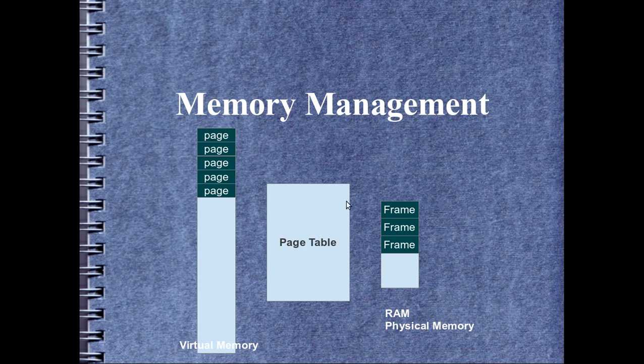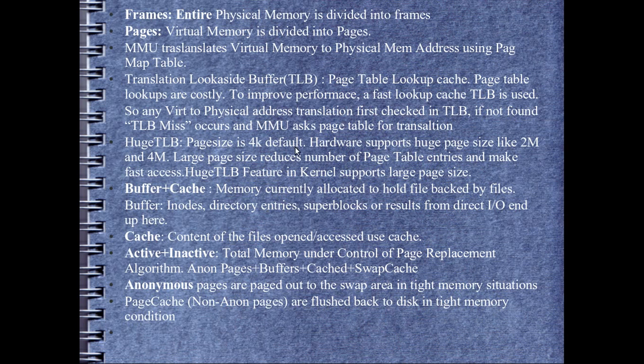Whenever an application tries to use something, it puts the page into a frame, and the mapping is managed by the page table. The memory management unit translates virtual memory addresses into physical memory addresses using the page table.